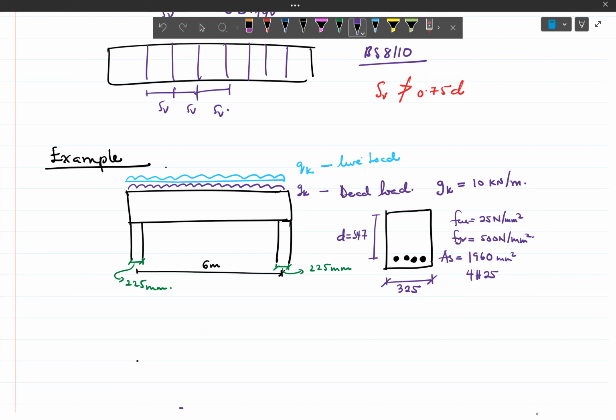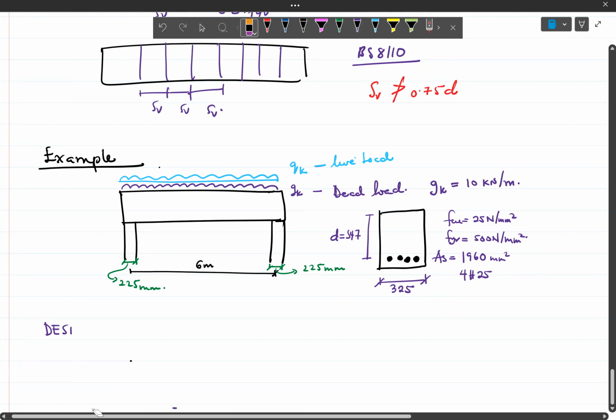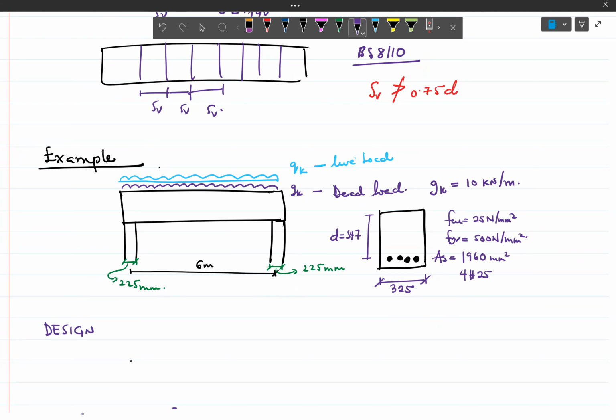So the question says design shear reinforcement.